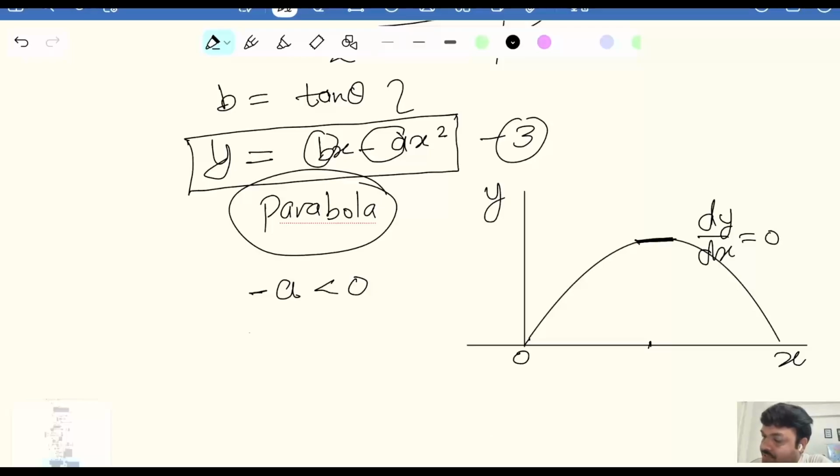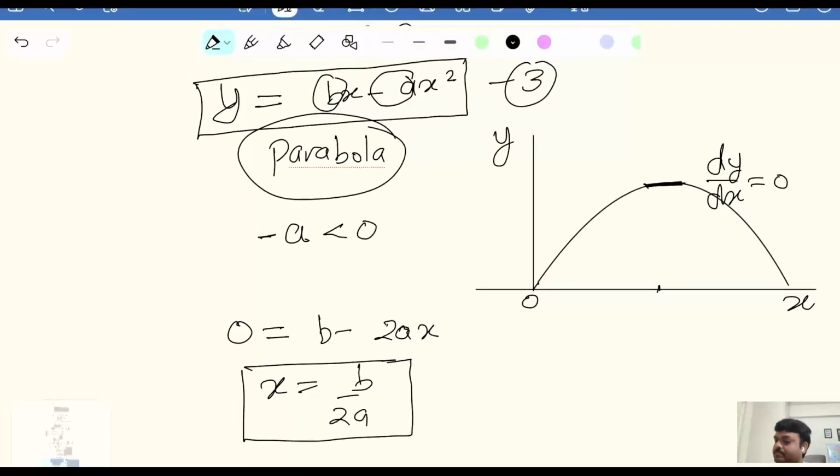So we can differentiate equation 3. It becomes 0 equals b minus 2ax, hence x would be b by 2a. So this point is b by 2a.